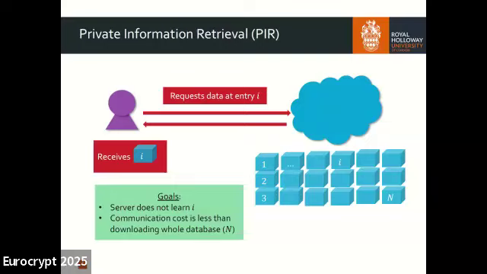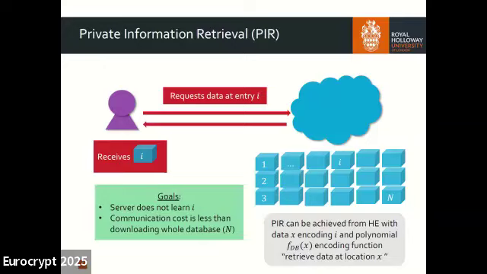And to exclude trivial solutions, we need that the communication cost is less than transmitting the whole database over to the client, which would work, but is somewhat trivial. And PIR can be achieved in several ways, but one of the ways it can be achieved is by homomorphic encryption. If you think that you would take the private data x to be the index, and then you evaluate a polynomial that somehow encodes the function retrieving the ith index from that database. So we're going to denote that as P sub DB in this talk.